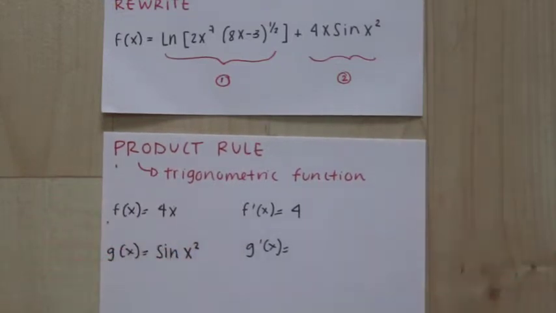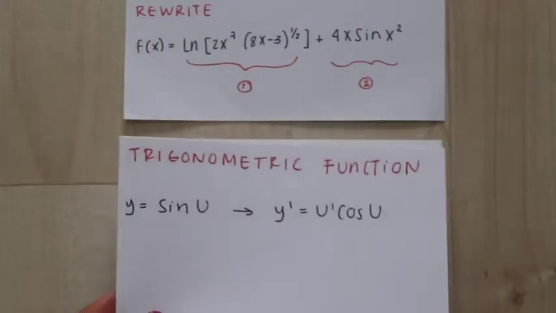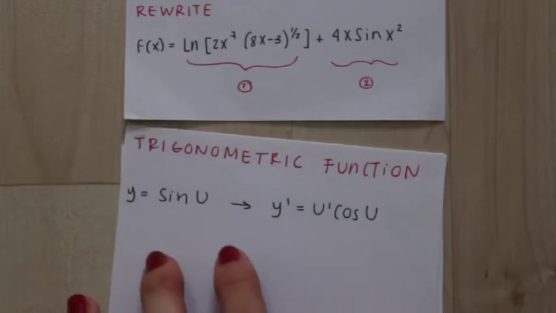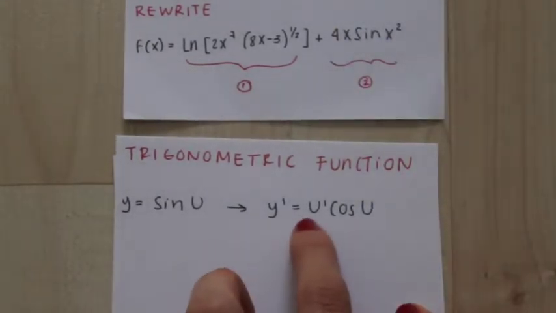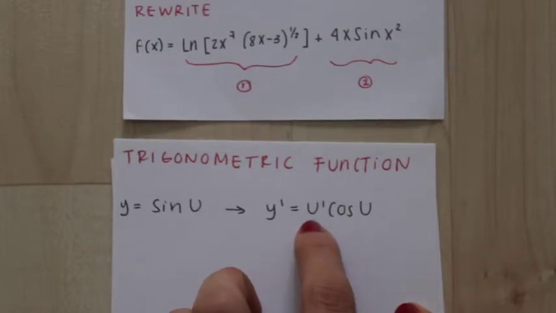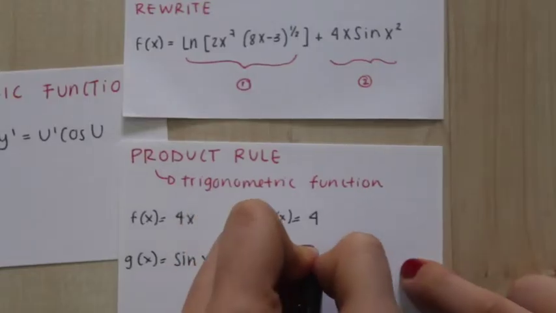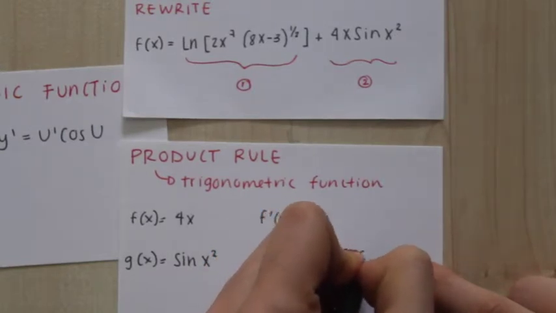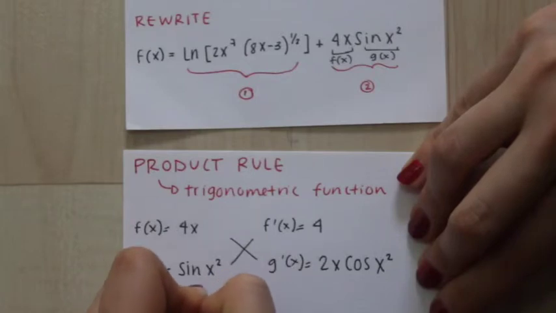In the case of g of x prime, it will be different, since it is a trigonometric function of sine. The following rule needs to be applied. If y is equal to sine of u, then y prime will be u prime cosine of that u. Therefore, the answer of g of x prime will be 2x times cosine x squared.